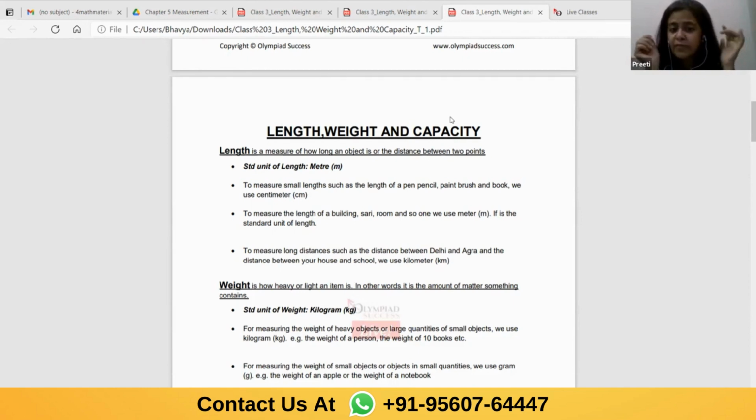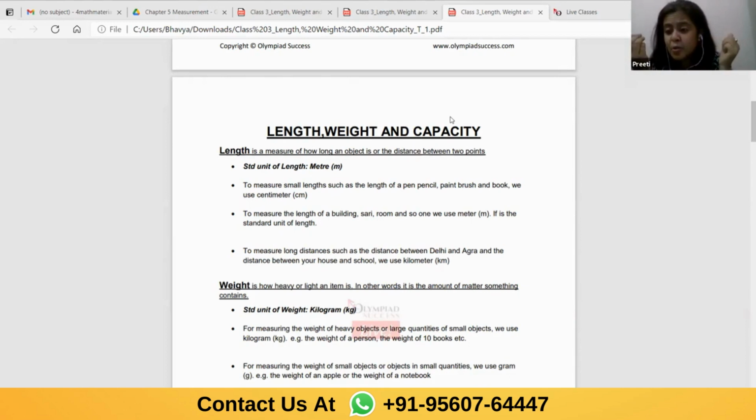To measure the length of a building or a sari or a room, we use meters. To measure long distances, such as the distance between Delhi and Agra, or the distance between your school and house, we use kilometers.